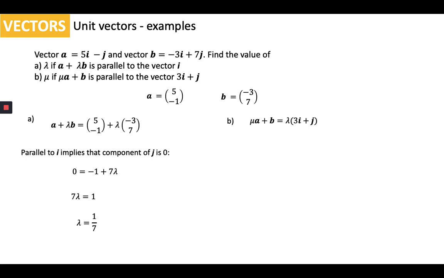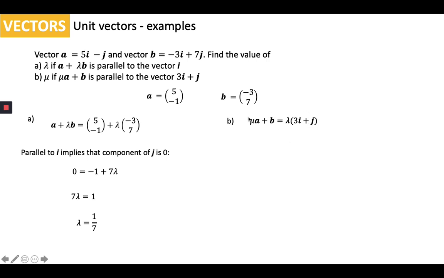Now, in the second question, we've got a different kind of proposition. Now, this is mu, which is a different Greek letter. Okay, so it says find the value of mu if mu lots of a plus b is parallel to the vector 3i plus j. Now, if we're told it's parallel to the vector 3i plus j, I know that I can write mu a plus b equals lambda, so some constant lots of 3i plus j.